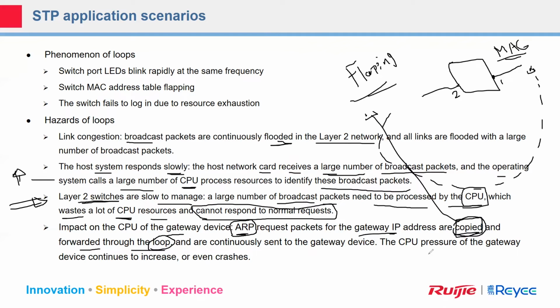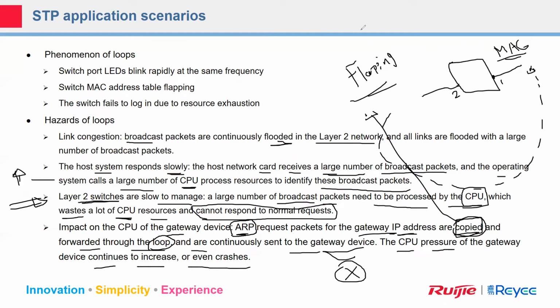As you can see here, the gateway IP address requests are copied and forwarded through the loop and are continuously sent to the gateway device, which is our router. The CPU pressure of the gateway device continuously increases or it even crashes.